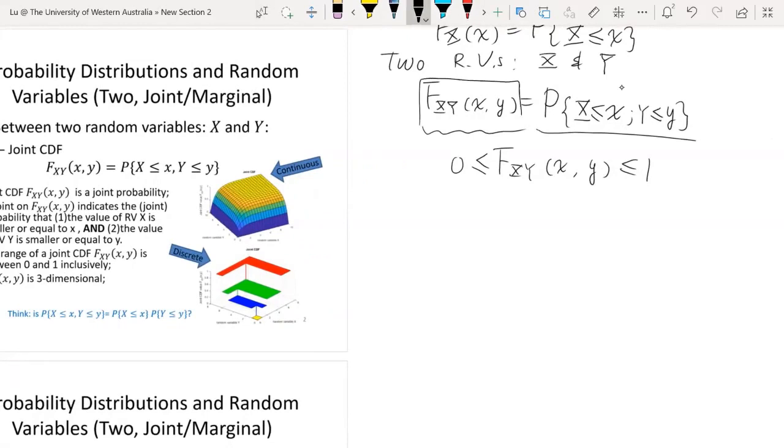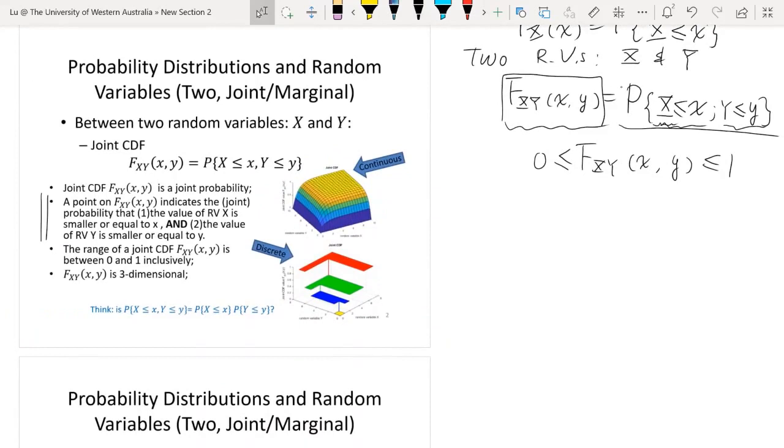The joint CDF of X and Y for the given pair of parameters lower x and lower y is actually the probability that the random variable capital X is smaller or equal to the given parameter lower x, and in the meantime, the Y random variable value is smaller or equal to the given parameter y. These two so-called events happen at the same time. So it's called joint probability, right?